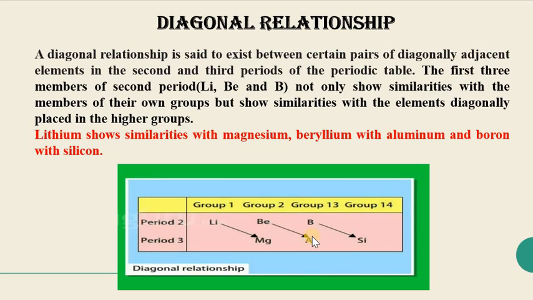So these two have a diagonal relationship, and the same for boron and silicon. So these are the three pairs of elements which show the diagonal relationship, and the elements which are present diagonally show some similarities in their physical and chemical properties.